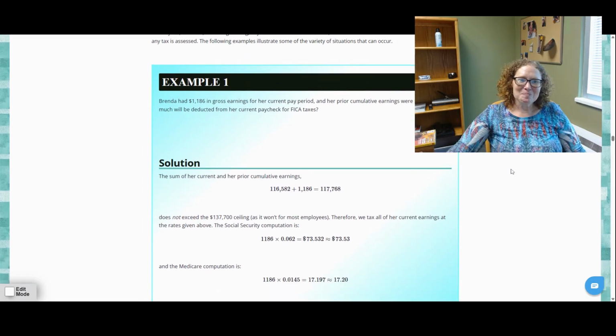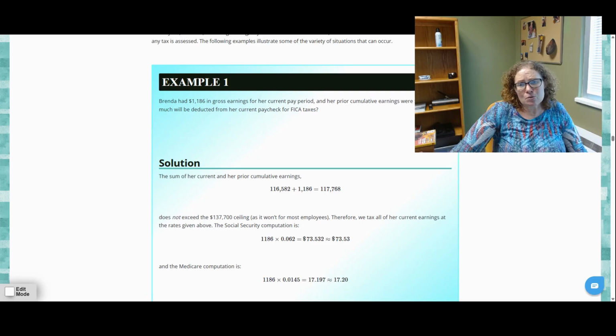So Brenda has had $1,186 in gross earnings, and her prior cumulative earnings were $116,582. How much will be deducted from her current paycheck for FICA taxes? Now, why do we need to know her prior cumulative earnings?